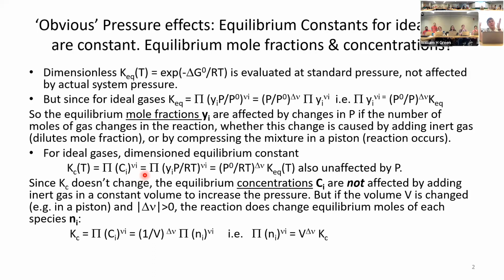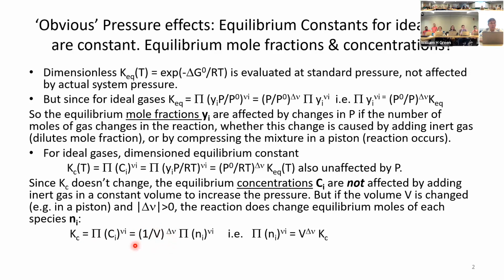However, if I did the same thing where I have my reactive species at equilibrium at some pressure, and I squeeze the piston to make it higher pressure, if there's a change in moles of gas, the concentrations will change in that case. The easiest way to see it is that the concentration product would now have a factor of 1/V to the delta nu.